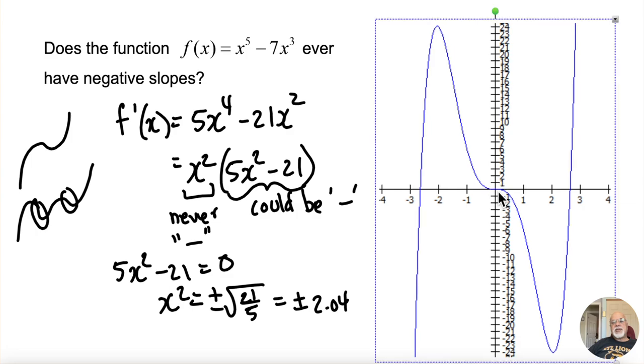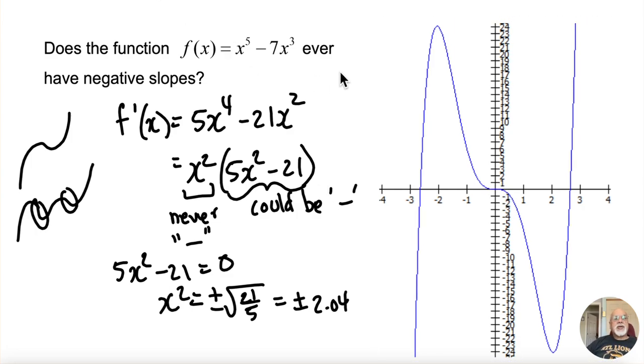Let me just draw that in here. We have a horizontal tangent at -2.04, one at positive 2.04. And we said x squared was one of the factors here. So at x equal to 0, we have a horizontal tangent, which you can see.